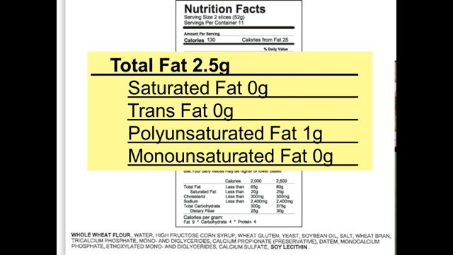Now, it's not quite as simple an explanation as it was with carbohydrates as far as why these things don't add up to 2.5. For that, it takes a little bit more knowledge of chemistry. There are things like glycerides, as well as some things which are called sugar alcohols or glycerols, which are somewhere between a lipid and an alcohol, and there are lots of chemical things that fall into that category.